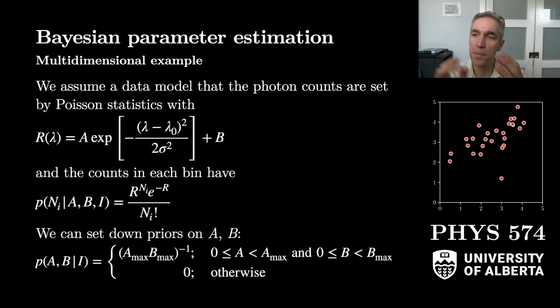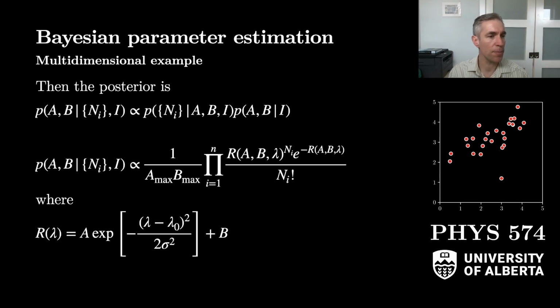And we want to assess the probability that we think that line is there. So we have a posterior probability distribution from Bayes' theorem. That's 1 over the prior times the probability of the observed data set given our rate model. And this is treated as a function of the amplitude of the spectral line and the background signal. So that's just the standard data model.